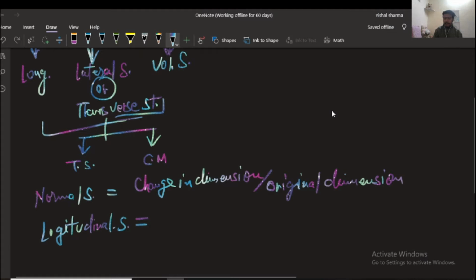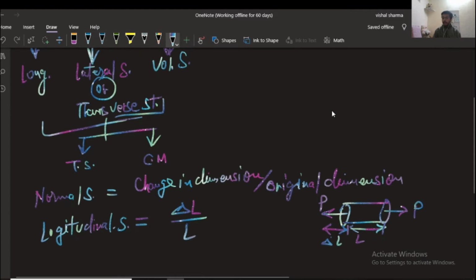Just take an example. Here is a circular bar, and we are pulling the bar with the help of an axial load P. Its length is L. Due to the axial load, the change in length is delta L. So the longitudinal strain is given by the change in length to the original length.